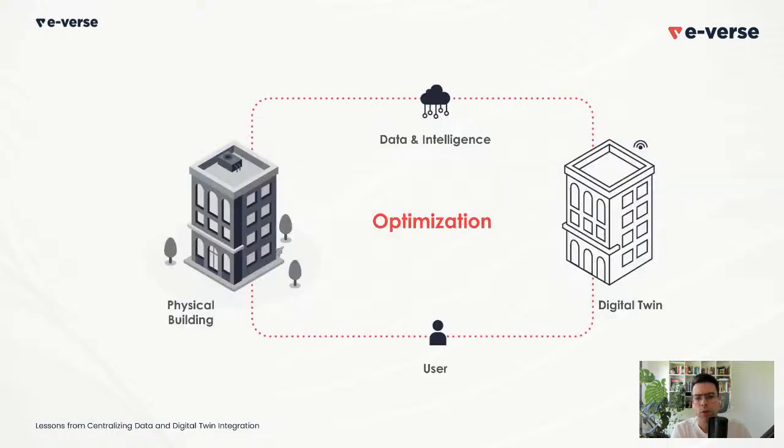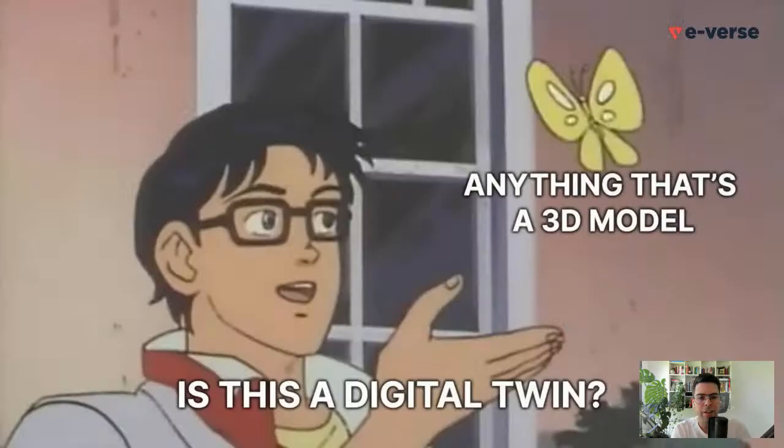And sometimes when we consider digital twins, we consider this a digital representation of a physical building, right? So basically, how the user interacts, and that data feeds the digital twin, and the digital twin reflects the physical building. But the reality is far from that.